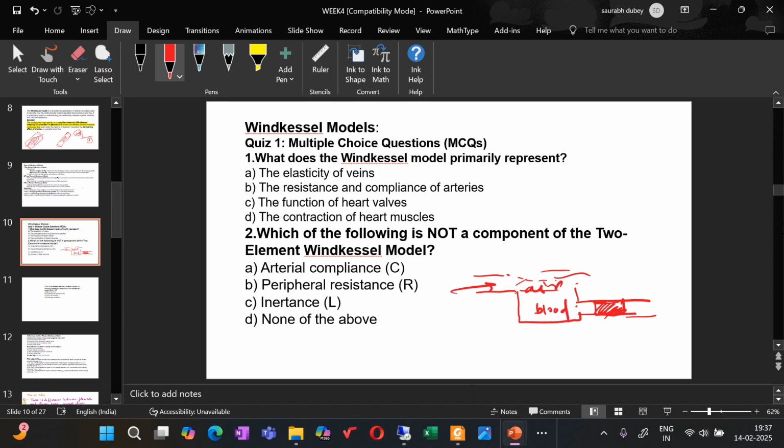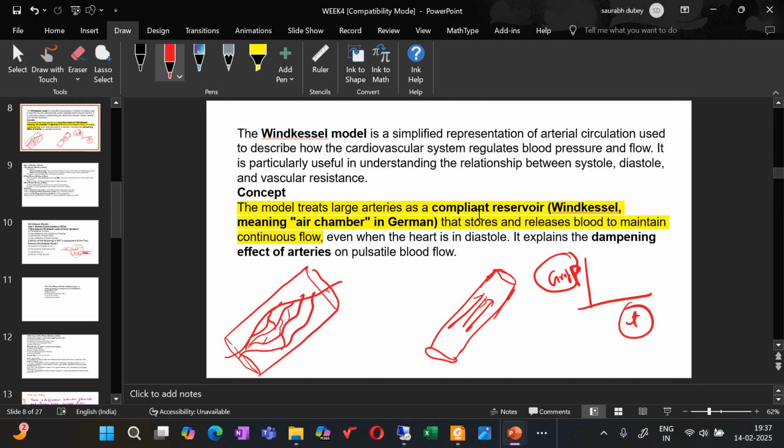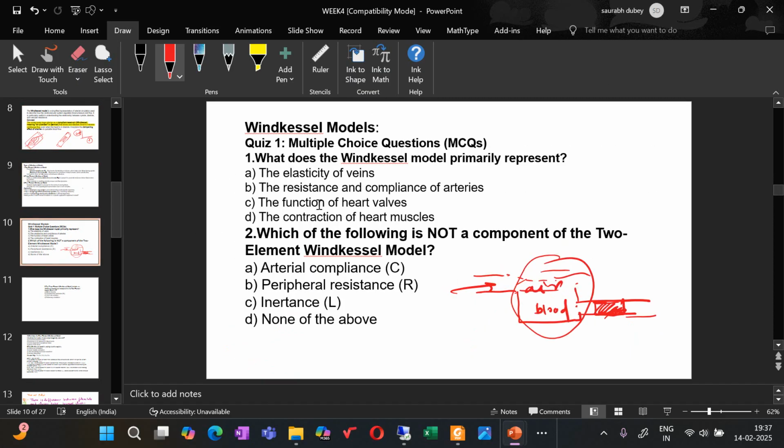So a chamber is being considered. In this entire air chamber, the air chamber has been considered, and based on that, the compliance has been calculated to get the model. So this one is the zero order model, right? So in this one, the B option is correct, which is resistance and compliance of arteries.